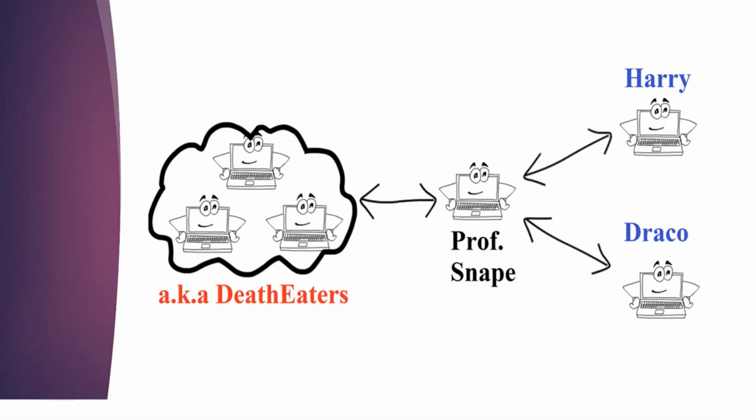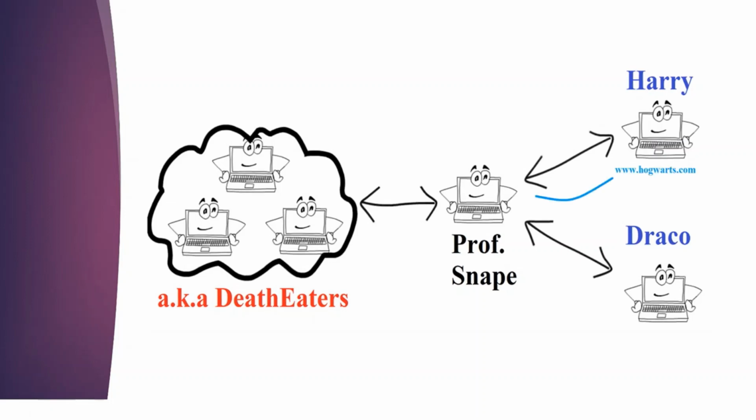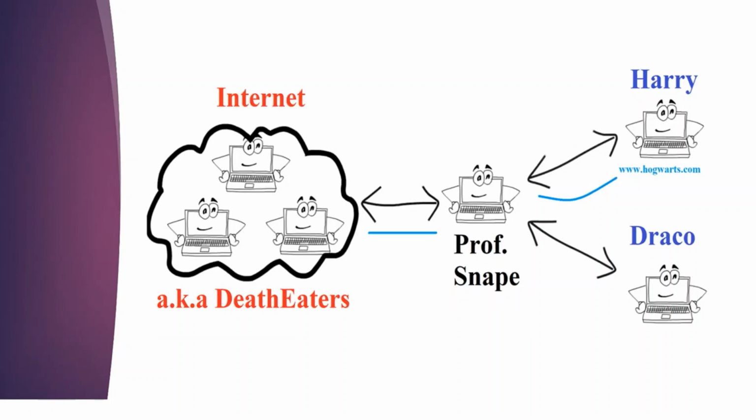Let's consider another example where you have a computer named Harry and another named Draco, and they are the two computers that are connected to the internet through a third computer named Professor Snape. Harry sends a request for www.hogwarts.com. Snape receives the request and passes the request to the internet.